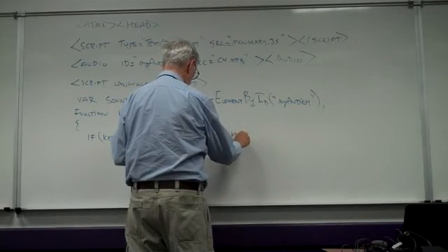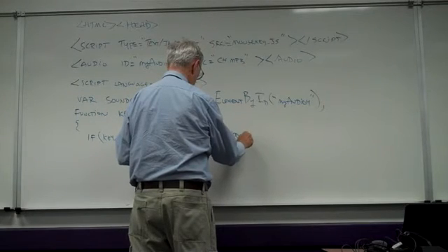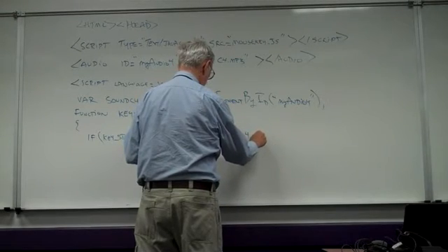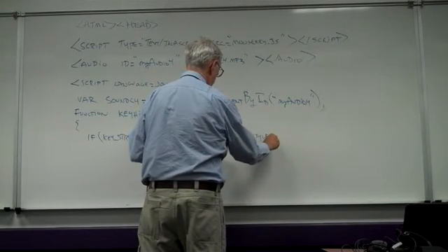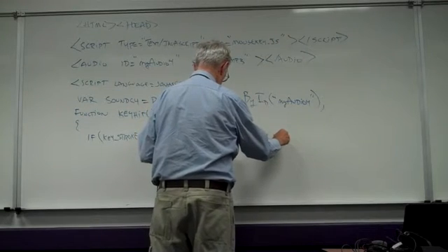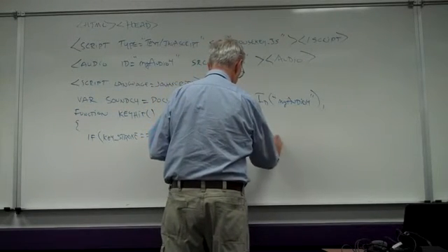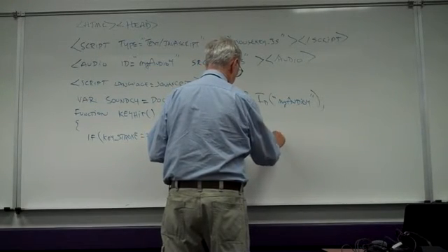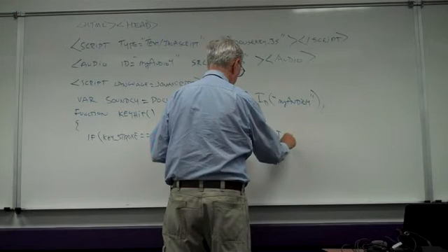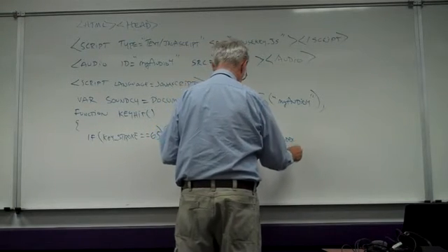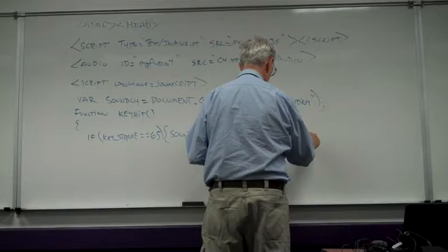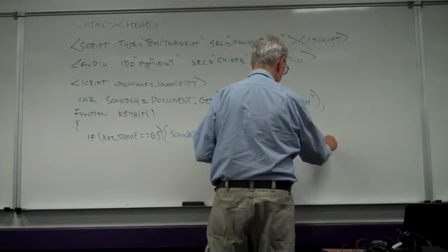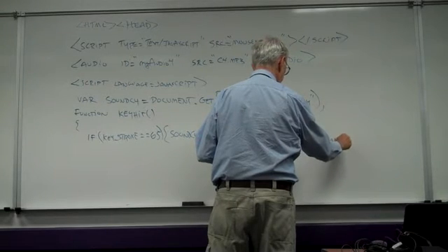Key C4 dot style dot index. No, Z index. Oh, joke. Z index equals -1. Return. This is a complicated statement right here, so I have to describe it a little bit.